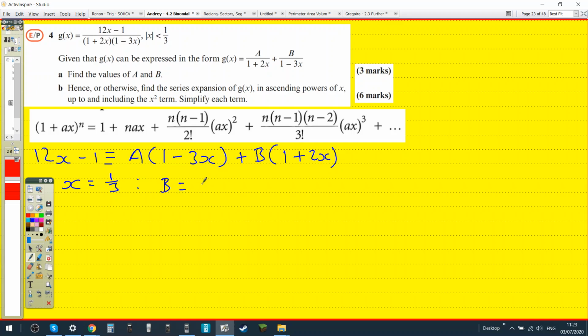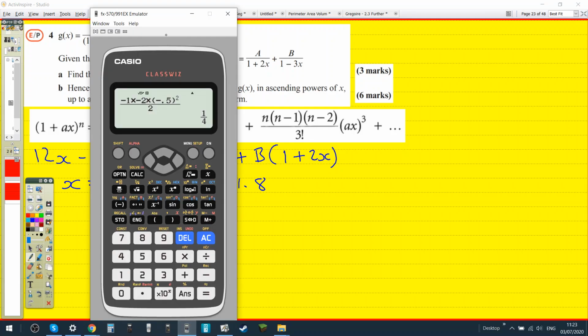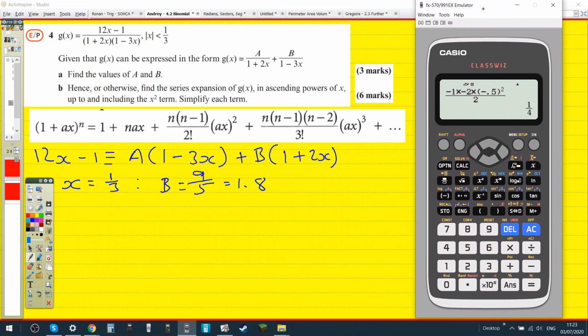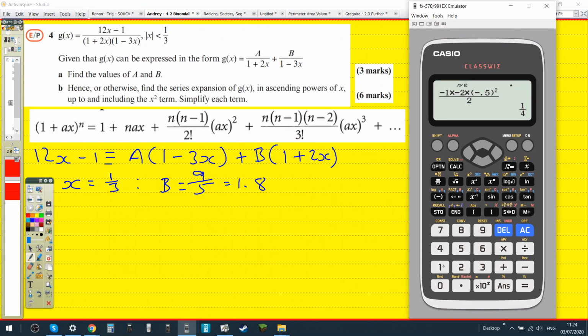What is that as a fraction? 9 over 5. 9 over 5 and 1.8. Okay. And now I just need to put in 9 over 5 and minus a half into the calculator to get the answer.